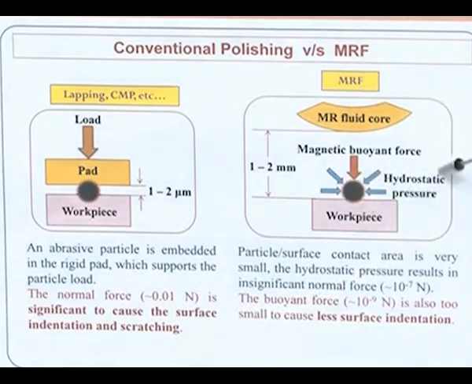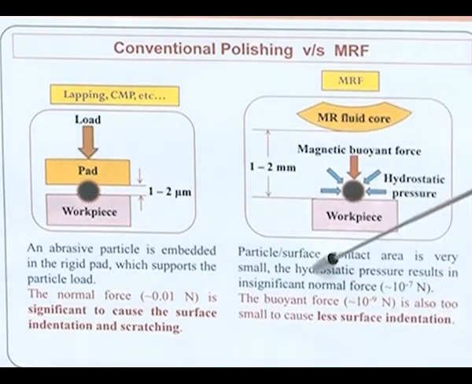While in the other case, in the MRF process, the particle surface contact area is very small, so the hydrodynamic pressure results in an insignificant normal force of around 10⁻⁷ Newton. Furthermore, the buoyant force is also around 10⁻⁹ Newton. It is also too small to cause surface indentation in the case of the MRF process.